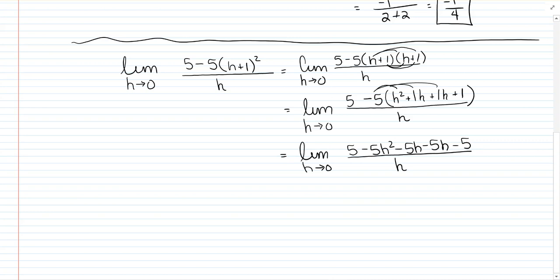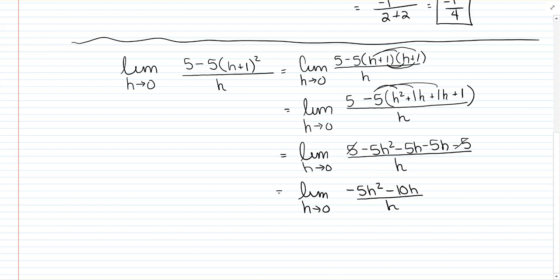Combine up your like terms, and let's see what happens. So 5 minus 5 will cancel out. I have a negative 5h squared. Minus 5 is minus 10h divided by h.